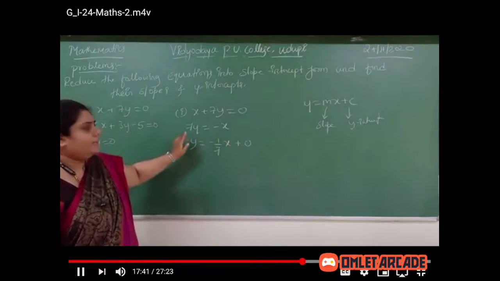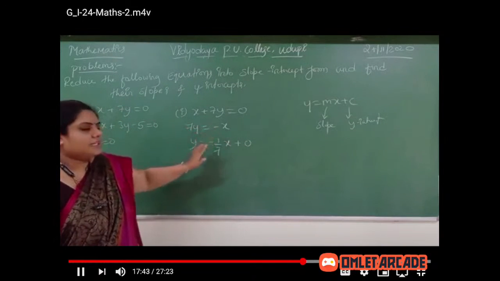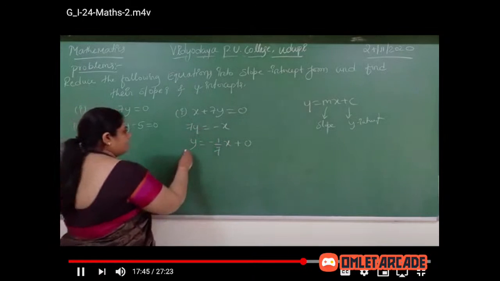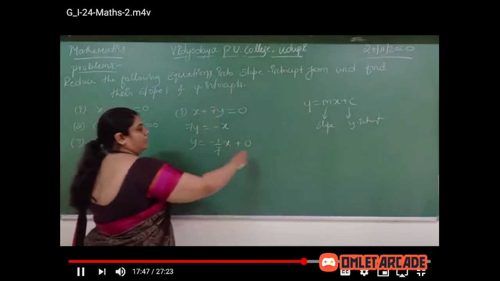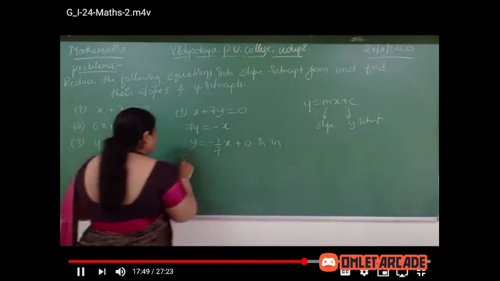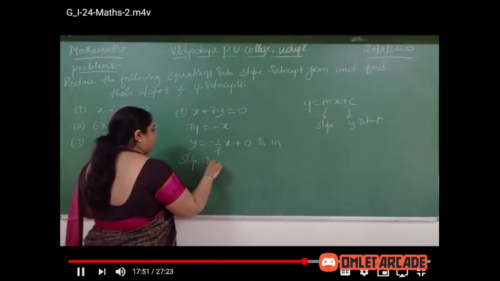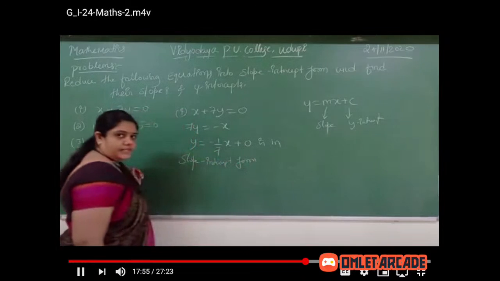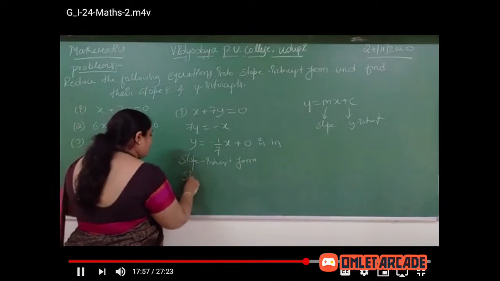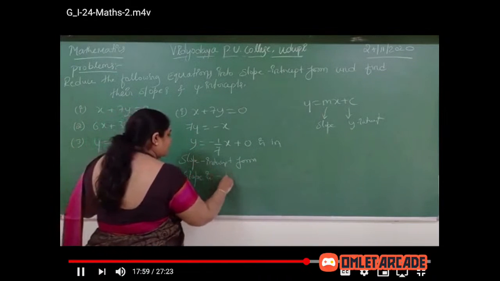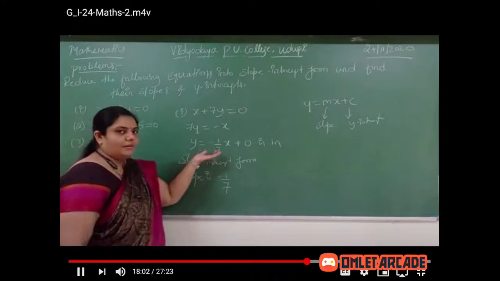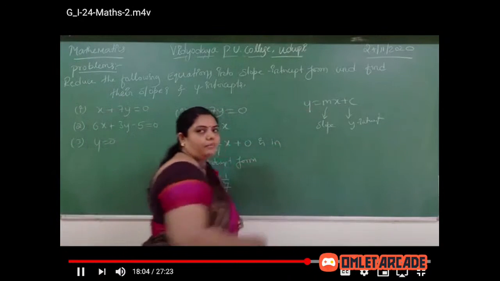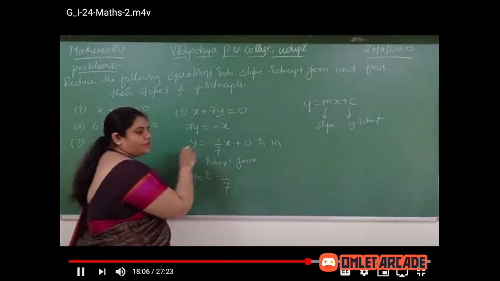Did you observe? 7y is equal to minus x. I just converted. Now, this is what is in slope intercept form, isn't it? And slope is minus 1 by 7. I mean, when you compare this to y is equal to mx plus c, in place of m, what do you have?